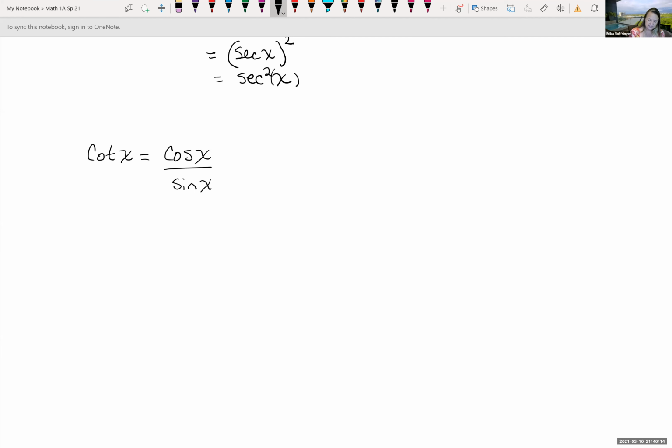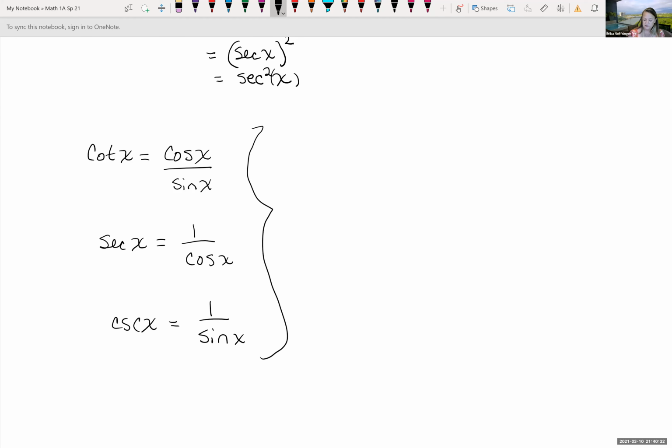If we looked at secant x, this is the same thing as 1 over cosine of x. And if we look at cosecant of x, this is equal to 1 over sine of x. So we can derive these derivatives using the quotient rule.